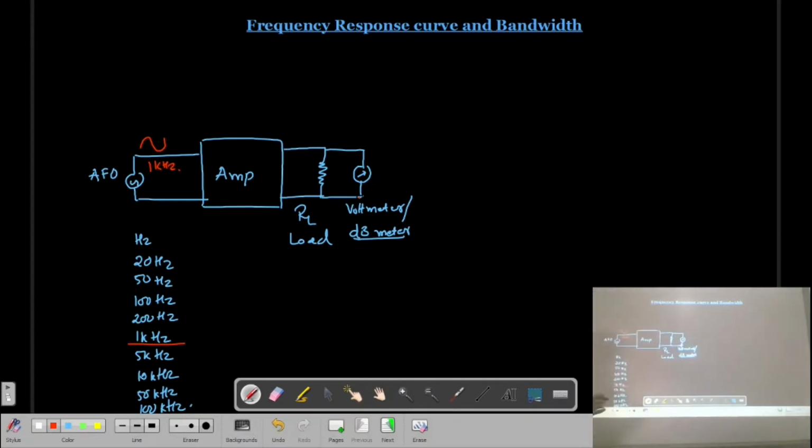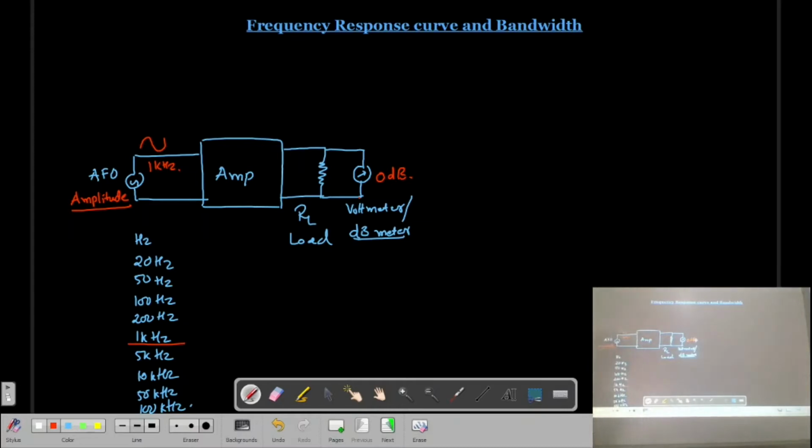Then you change the amplitude of the input signal. We have to set the amplitude of the input signal in such a manner that this dB meter will indicate 0 dB.